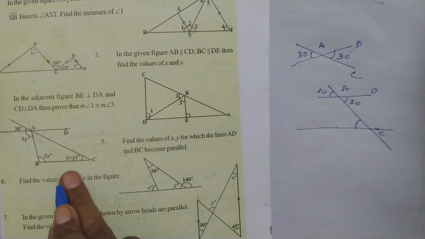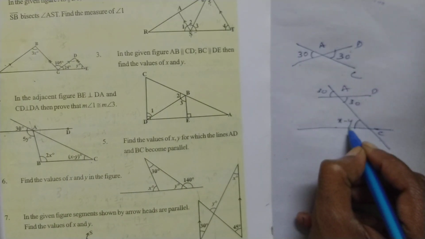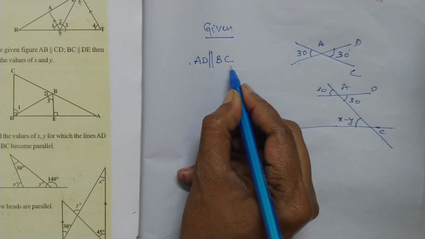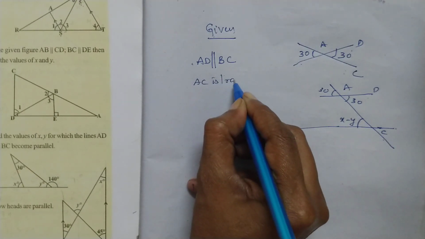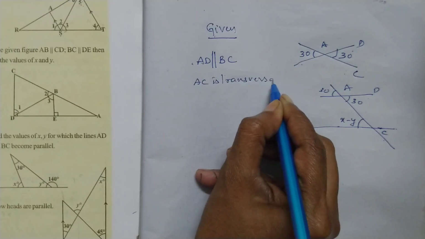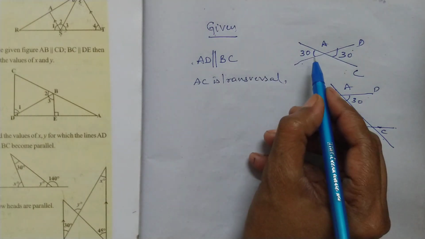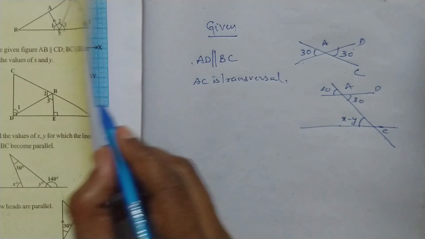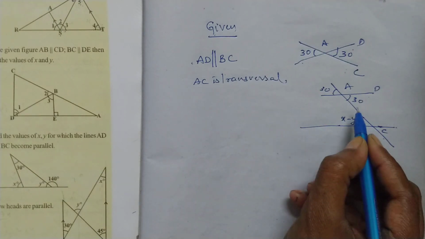So here the angle is x minus y. AD is parallel to BC, and AC is the transversal.